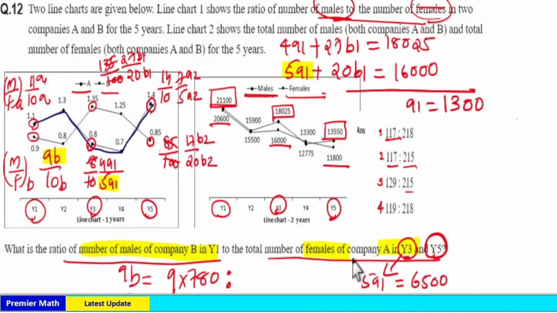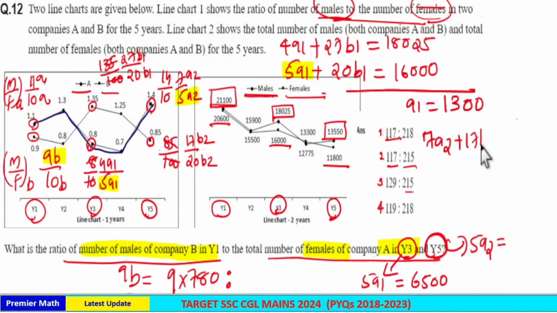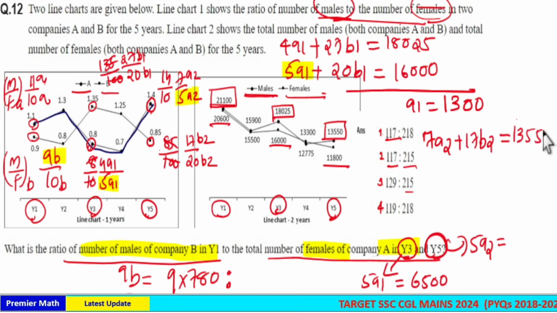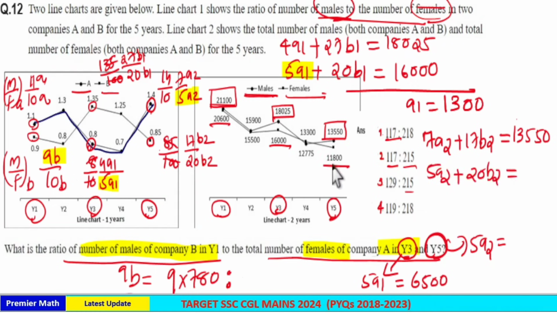Now in Y5, total women is equal to, take the A graph, which is 5A2. To find that, form the equation, that is here 7A2 plus 17B2, which is equal to total men 13550 and total women is 5A2 plus 20B2, which is equal to 11800.